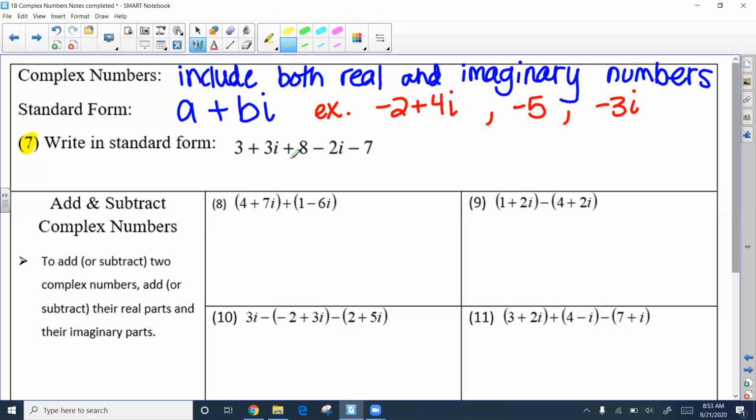This is a complex number, but it's definitely not in standard form because it's not in the form a plus bi. All right, so let's write this in standard form. 3 plus 3i plus 8 minus 2i minus 7.